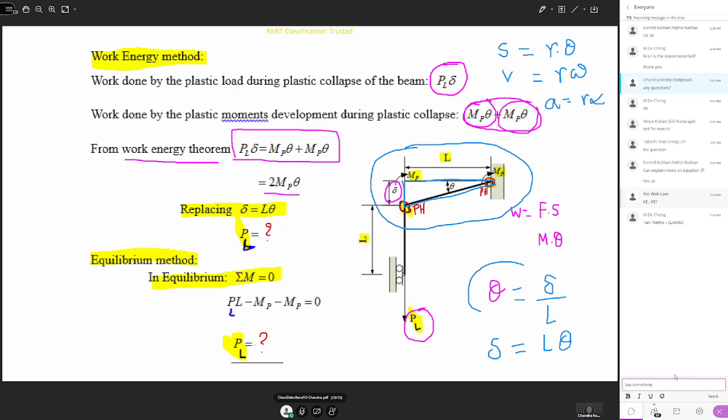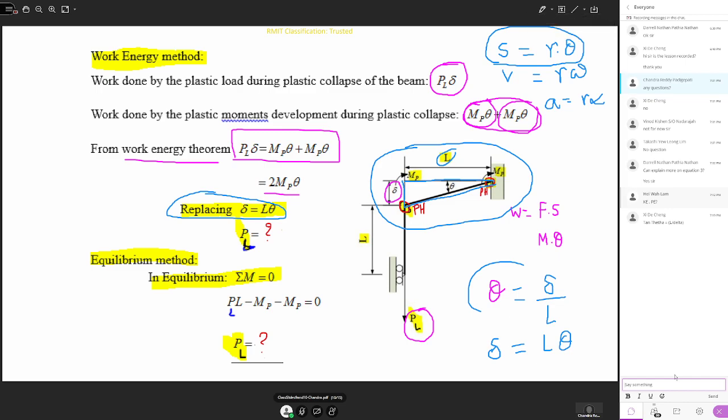Theta is the angular displacement and S is the linear displacement, so R is the connecting factor. Here this R refers to the L. So delta you can write as L into theta, as S is equal to R into theta. You can replace delta with L into theta.